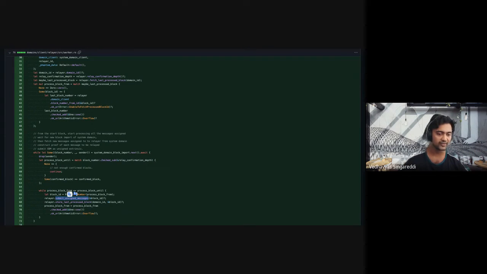So what we do here is we take the messages that are present in the newly confirmed block. When I say confirmed, it's just k deep from the best block, and then we take all the messages, and we start to process them, submit the unsigned messages to the destination domain, and then we start to track once the messages are submitted here.